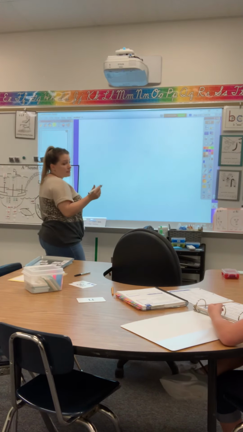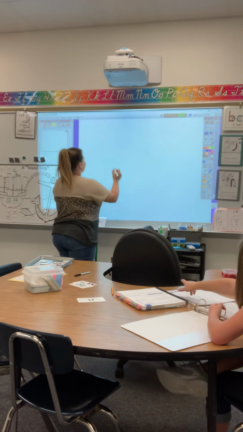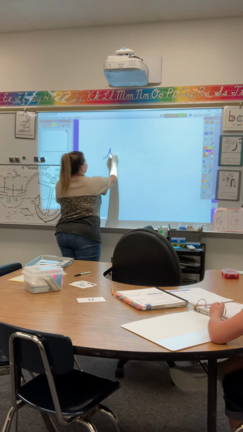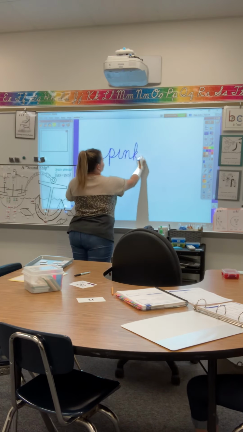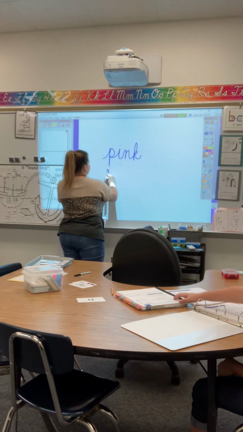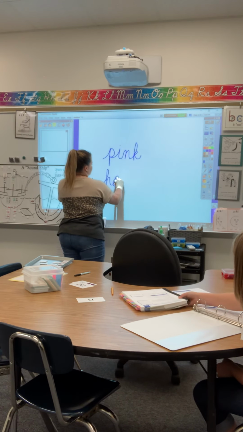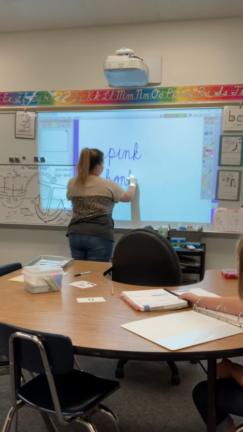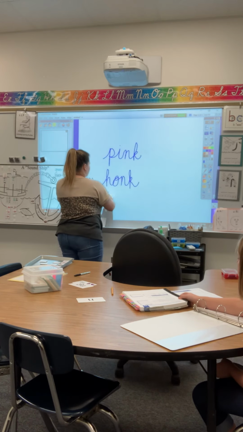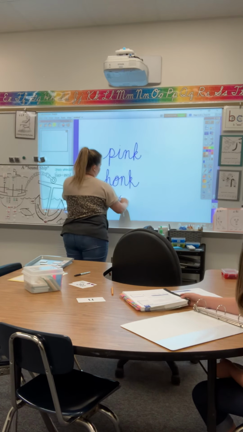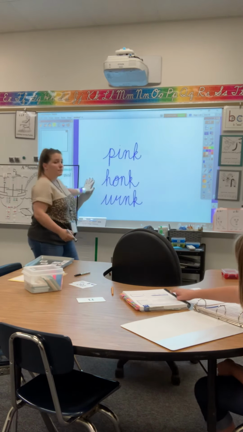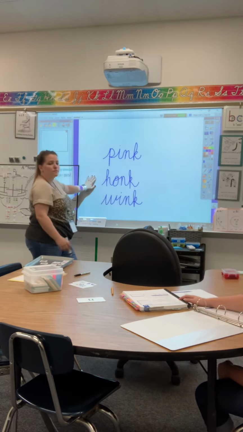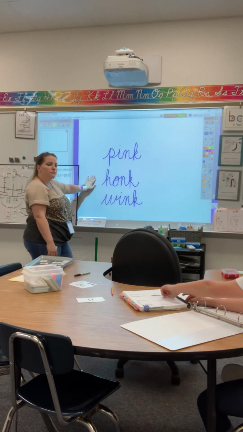Not yet, we will get to that in just a second. Why do we only do 3 of these instead of the whole entire thing? Like all the words instead of just 3?